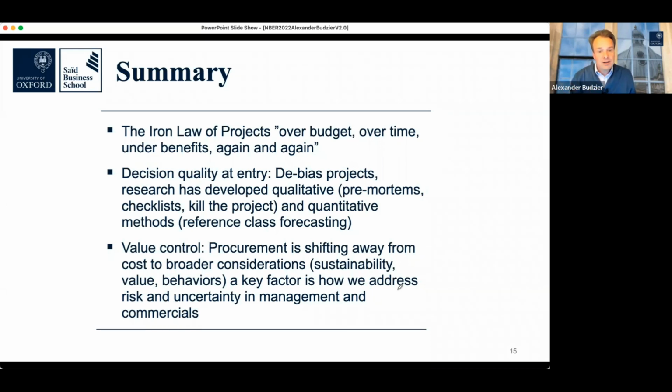And then when we're looking at value control, what happens after final investment decision, in my oversimplified model, no offense, Dejan, it's about procurement in a broader consideration than just cost. What we're seeing at the moment are big trends towards sustainability, procuring for value, procuring for behaviors, and also how we deal with risk and uncertainties in these different settings. I think there's a lot of conundrum still to be solved.